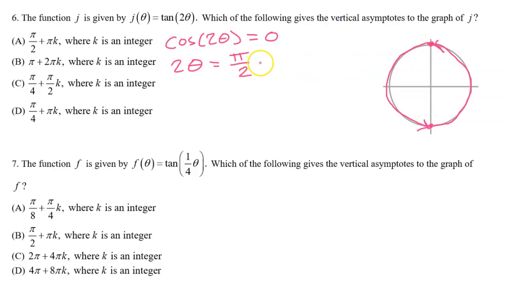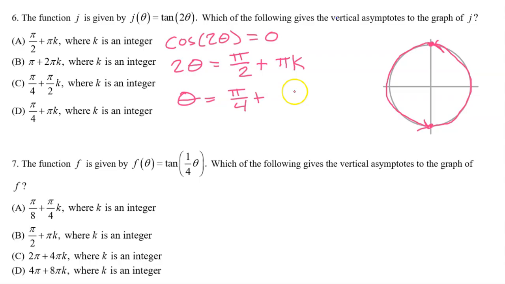So I can get the infinitely many solutions by adding multiples of pi. In other words, pi k, where k is any integer. So we just need to get theta by itself by dividing both sides of this equation by 2. So we will have theta equals pi over 2 divided by 2 is pi over 4.